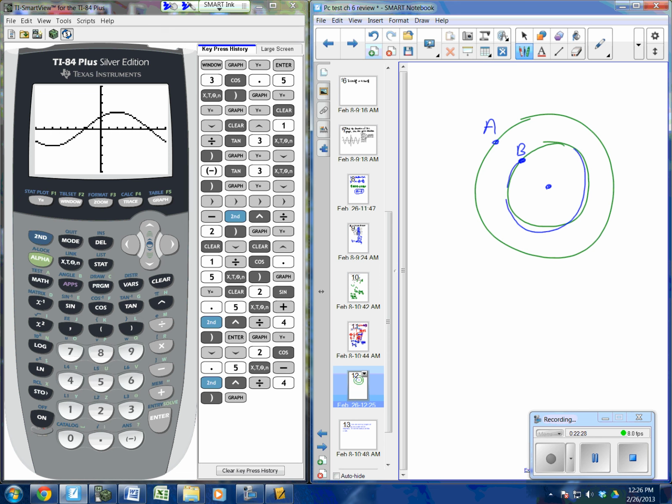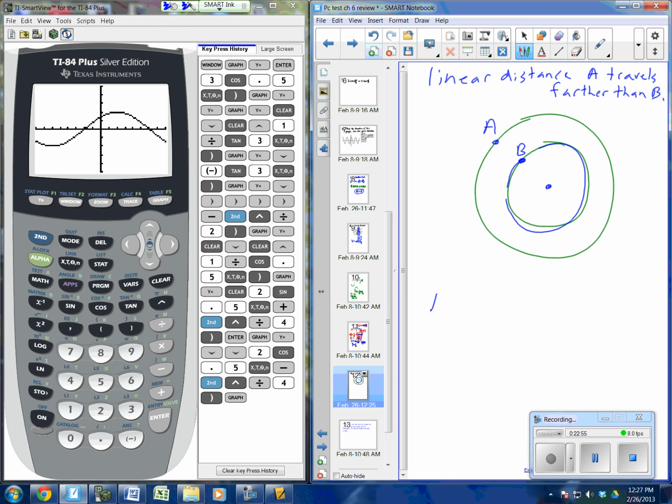There's the difference between these two: linear distance and angular distance. In linear distance, A travels farther than B. Does that make sense?